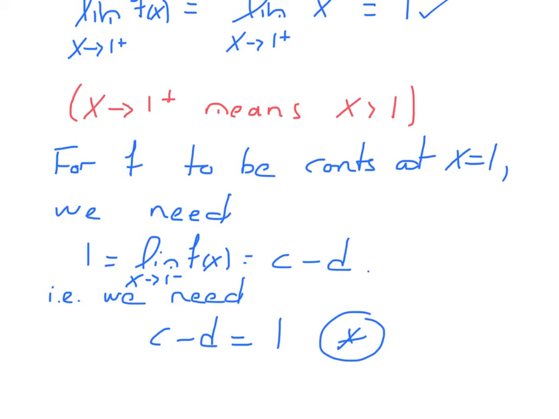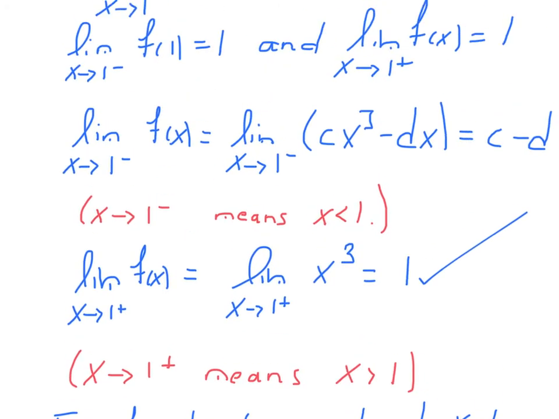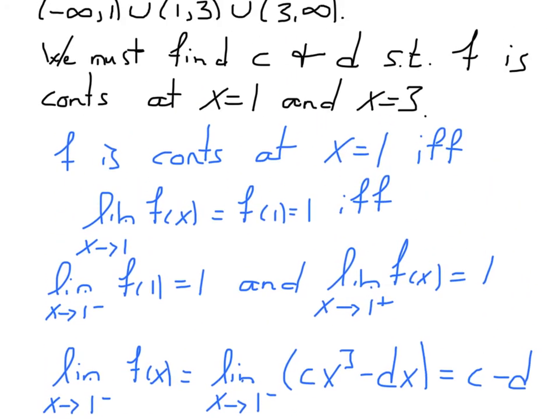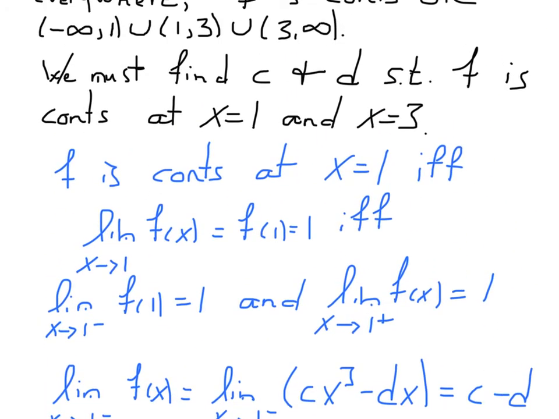So the first condition that we're going to need for f to be continuous at 1 is c minus d to equal 1. And if we go up, we saw that what we were looking for was we needed to find c and d so that f was continuous at 1. For f to be continuous at 1, we have this condition that c minus d is 1.